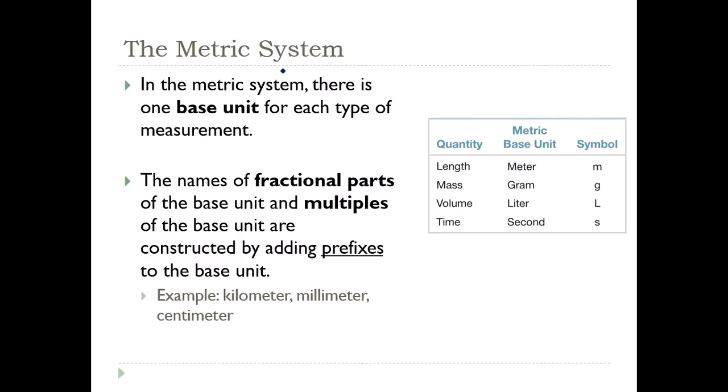In the metric system, there's one base unit for each type of measurement, and we use prefixes to indicate fractional parts or multiples of the base unit. Then there are symbols for the base units and symbols for the prefixes. Kilo, so k, combined with the base unit gives us kilometer.